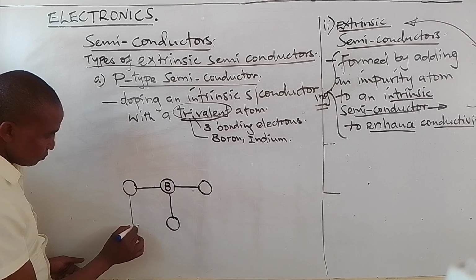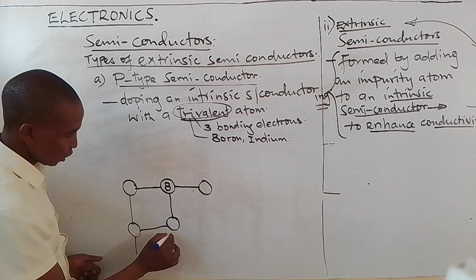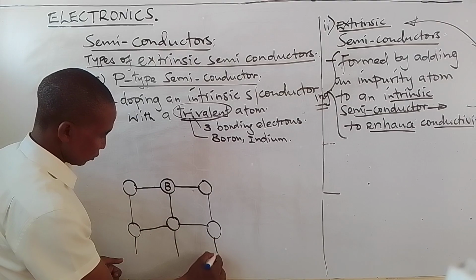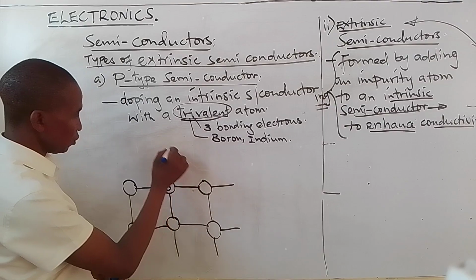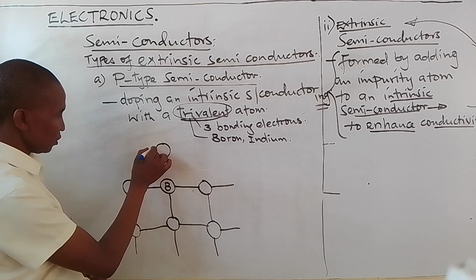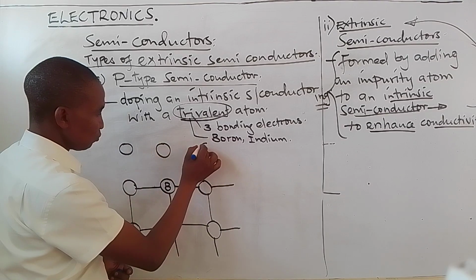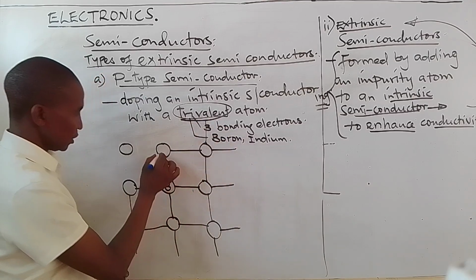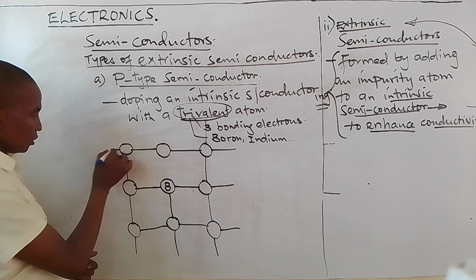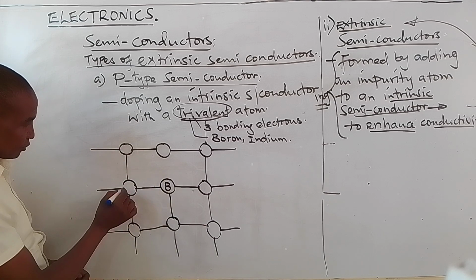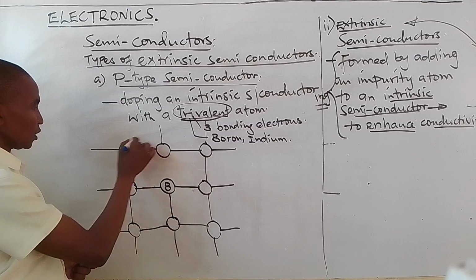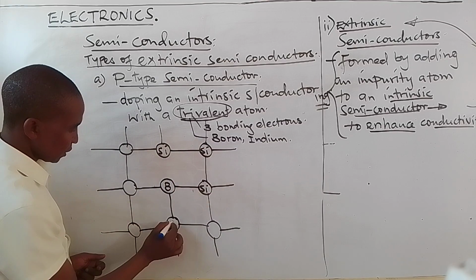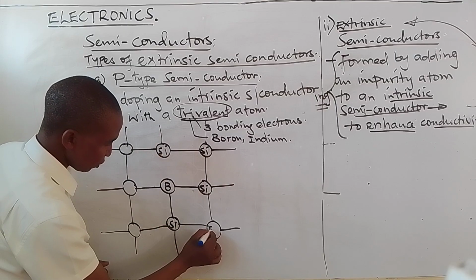So it will be able to complete 3 bonds with 3 neighboring atoms, but it will not be able to complete the 4th bond, since it will be lacking an electron to complete that bond. All these are silicon atoms forming complete bonds with neighboring atoms. But let's look at the boron atom we have introduced.